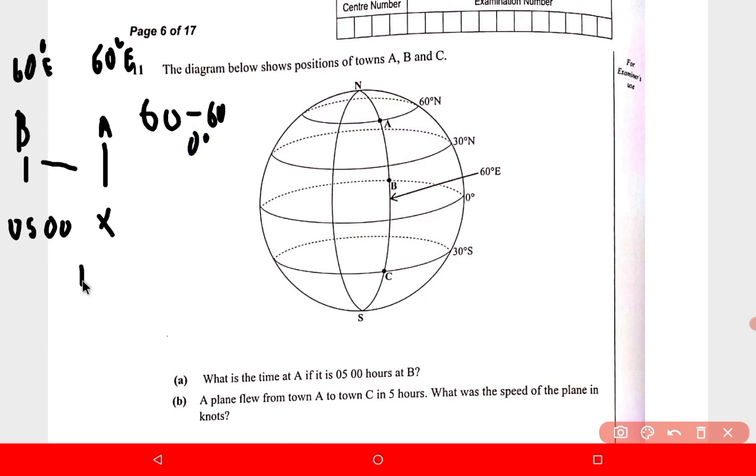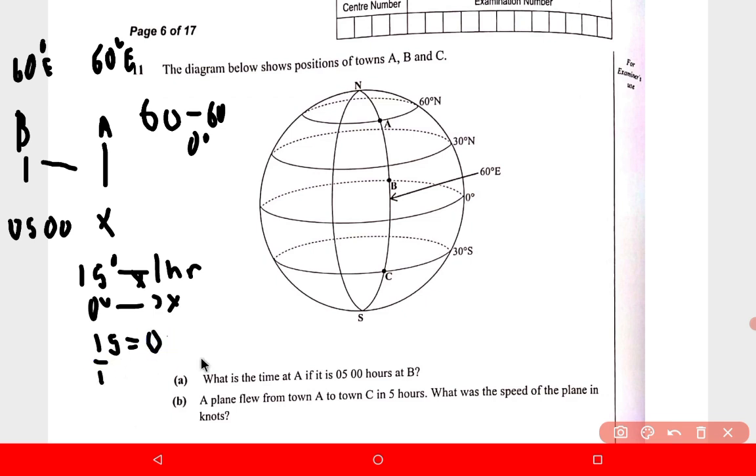Now if we try to convert, 15 degrees is equal to 1 hour, 0 degrees will be equal to how many hours? So that will be 15x. I'm just solving to show you, but I already know the answer, so you get 0.